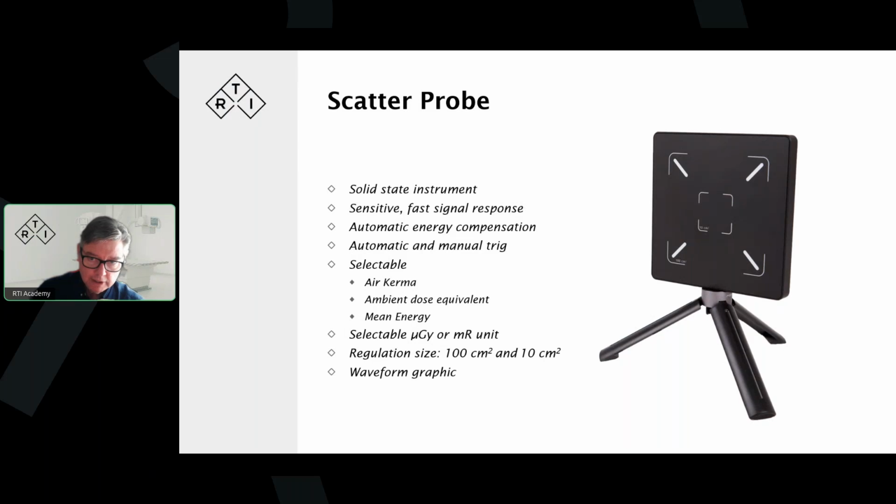Does it look reasonable, something that makes sense? Those are the things that we can make out from the waveform graphic, and of course then also the calibration cycle.